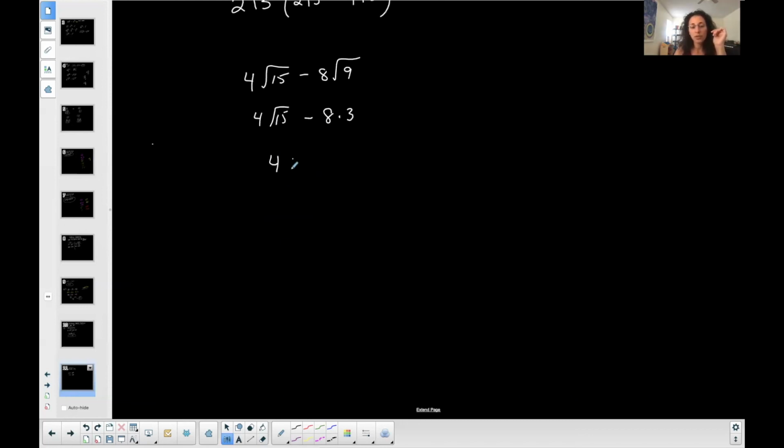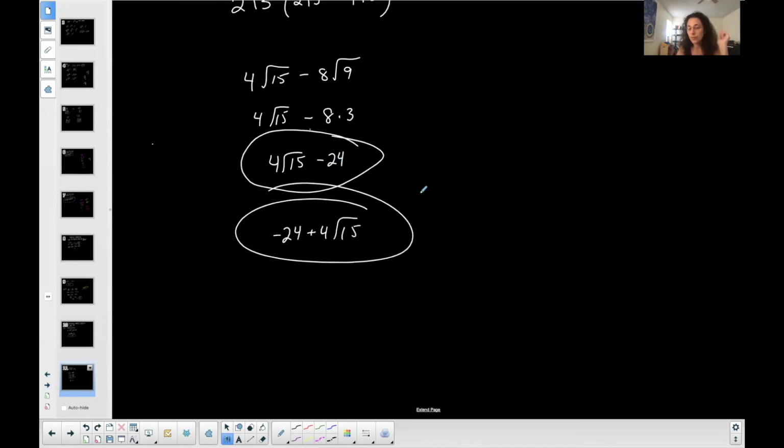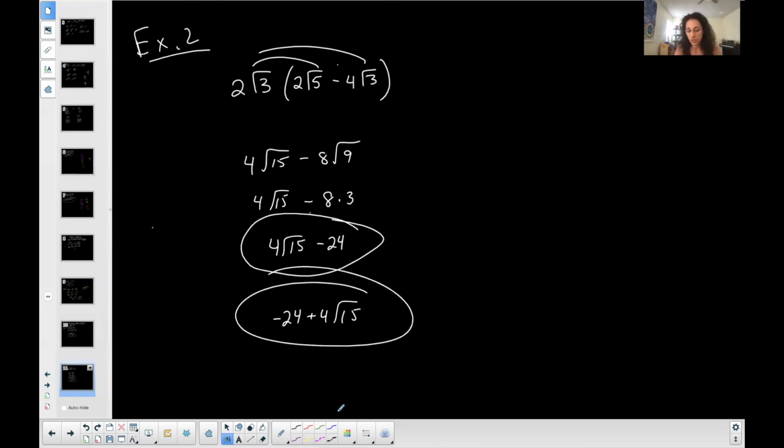So 4 times the square root of 15 minus 24 is my final answer. Sometimes you'll see it written with the non-radical term first, followed by the radical term. They're both the same thing. So this is multiplication of radical expressions in radical form.